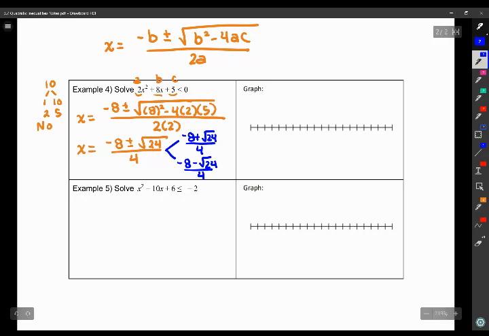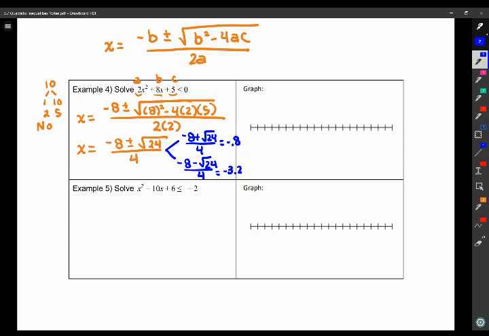I would go negative 8 plus root 24 and then push enter and then divide by 4. And this gives me negative 0.8. And then negative 8 minus root 24 in my calculator, push enter, then divide by 4. And this is going to give me negative 3.2.